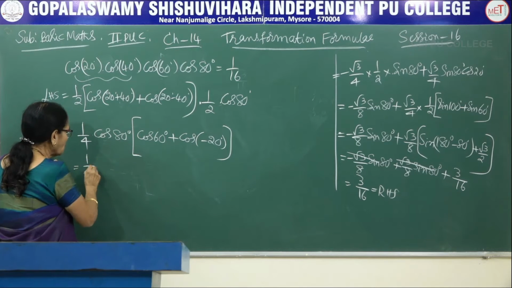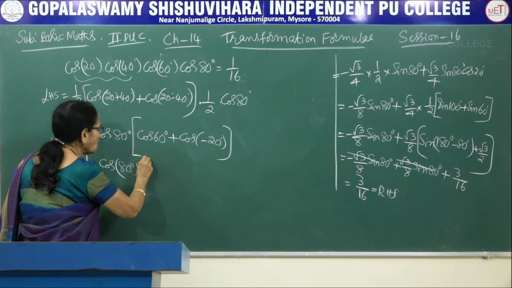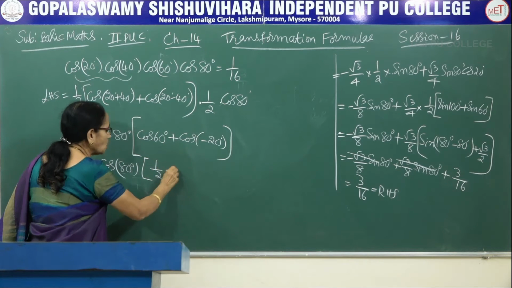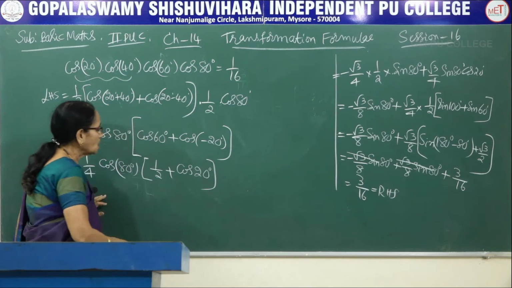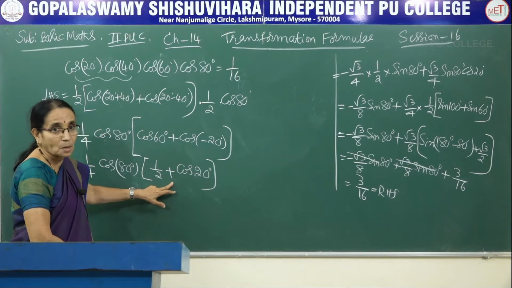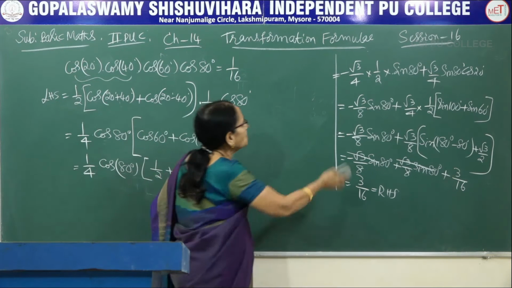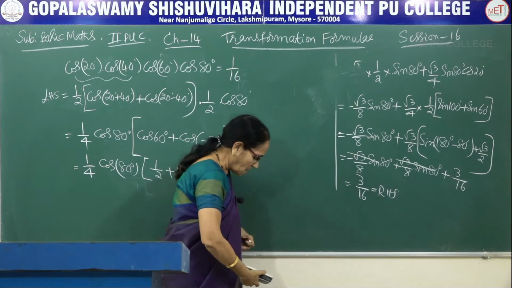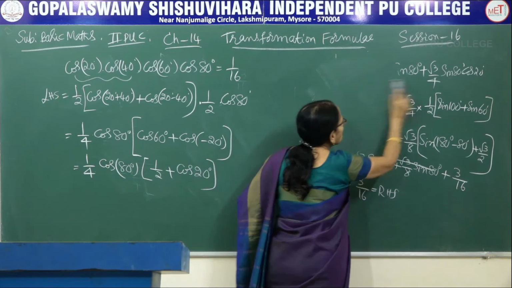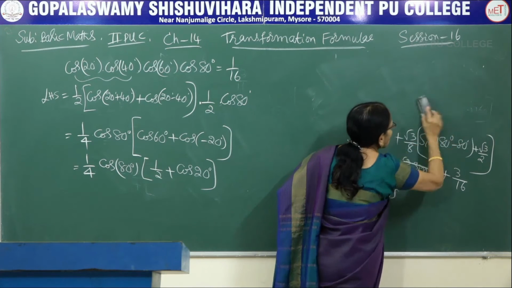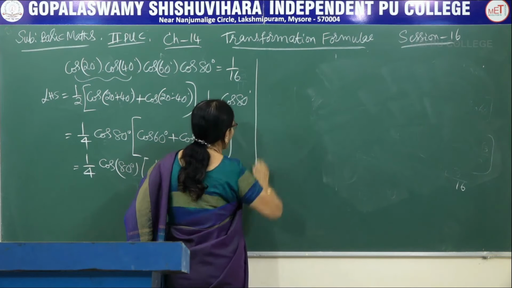So it is 1 by 4 into cos 80 into 1 by 2 plus cos of 20. Now let me multiply the two terms inside the square bracket by the two terms which are outside the square bracket.